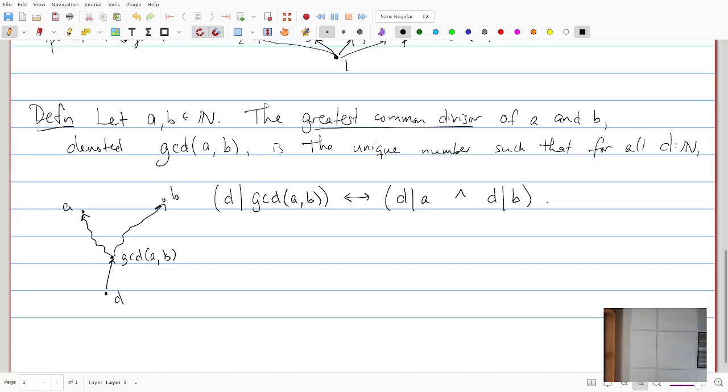The greatest part, the greatest common divisor, that's the other direction of the if and only if. So it says, look, if you have any D that actually divides both A and B, then that D also had better divide the GCD. You can't have another D up here that divides A and B, but doesn't divide the GCD, like above it. Any D that divides A and B has to actually be below the GCD, which means the GCD is kind of the highest up thing that divides them both.